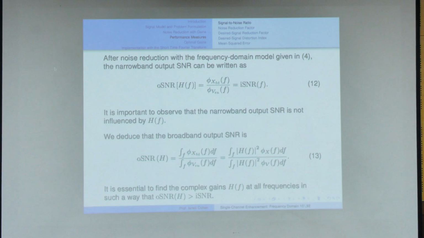But if the gain H is high when the narrowband SNR is high, and H is low when the input narrowband SNR is low, I will get higher broadband output SNR. Okay, because I take the integral.